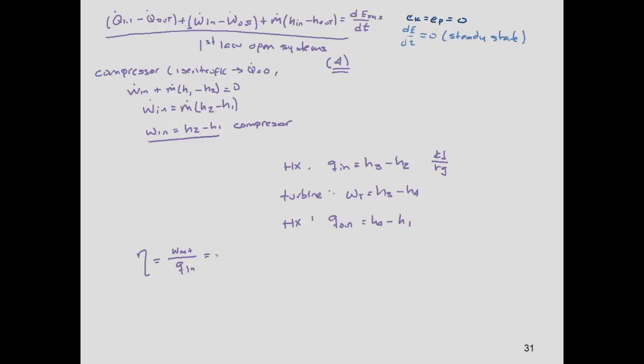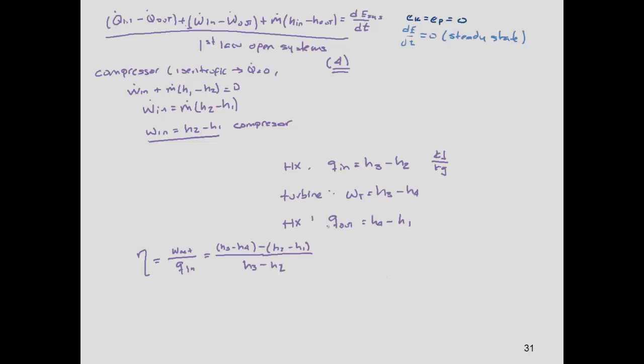If we would like to give it in terms of enthalpies, it will be H3 minus H4, that's the work of the turbine, minus H2 minus H1, that is the work of the compressor, divided by H3 minus H2, which is the Q in.